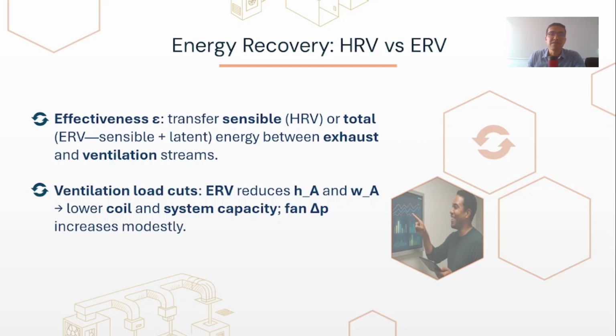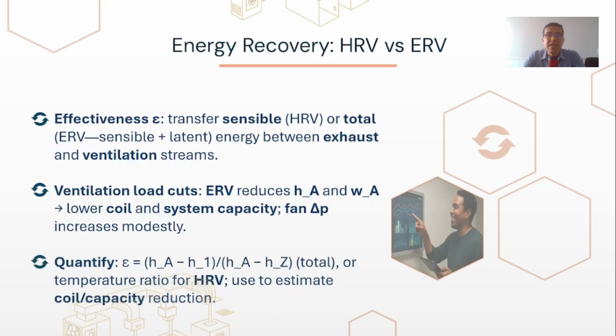So you may need more fan power in these ERVs, but in the end, because you are recovering energy, the total energy you recover makes it worth it. To quantify these savings, you can use the effectiveness expression, which for a total energy device is based on enthalpy.